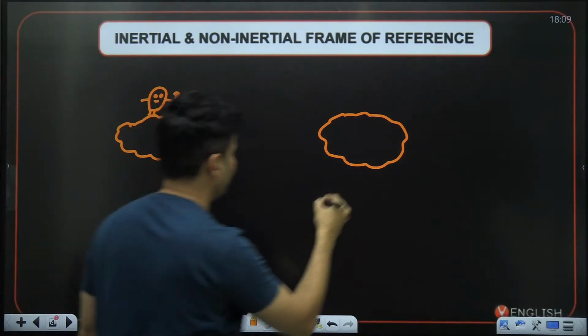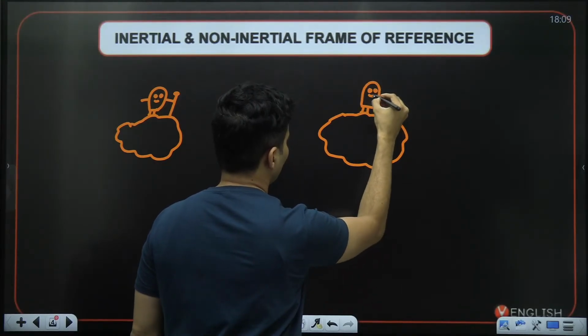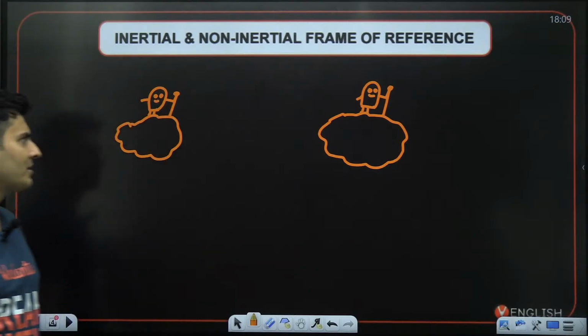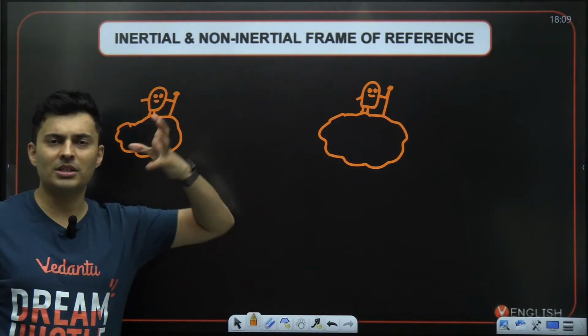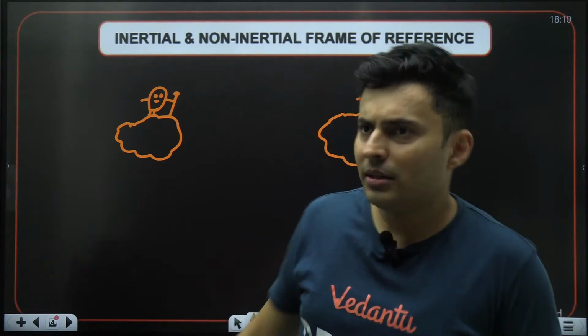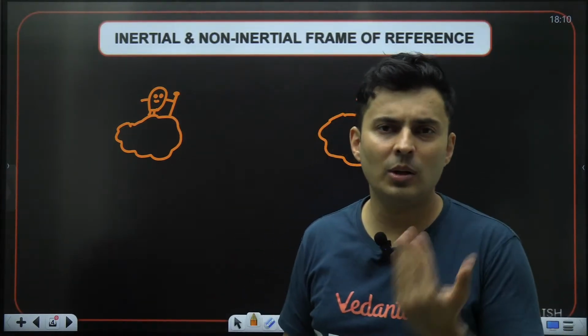He is the navigator on that rock. Our Pandu is there, and he's moving, floating in space. There is some kind of motion. He's moving in space. Now, these two Pandus discuss with each other whether we are inertial or non-inertial.